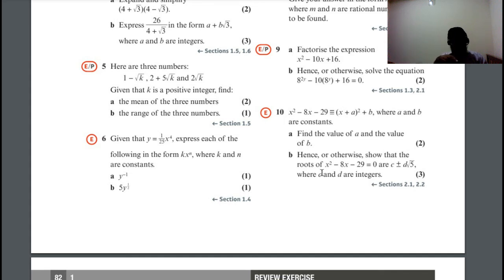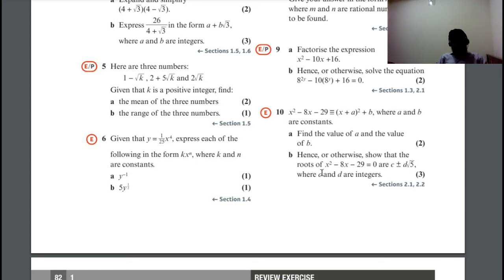Sir, 4 into 29 is 116, correct? But why are you doing 4 into 29? Yes or no? 4 into 29 is 116. And so 16 plus 116 is 132. That's what I got.